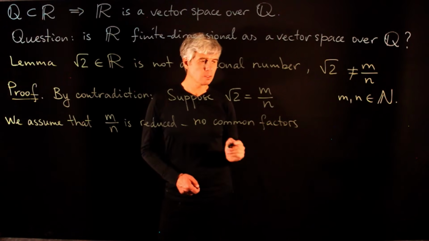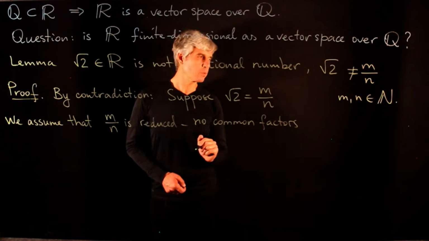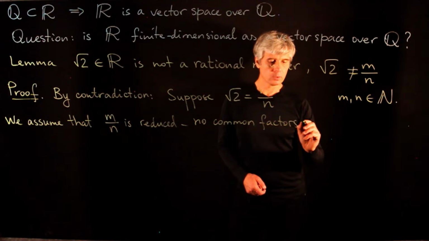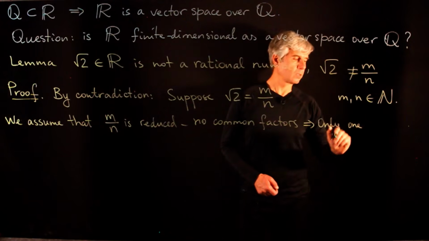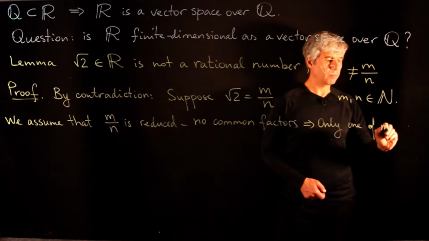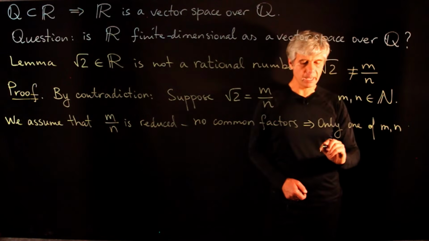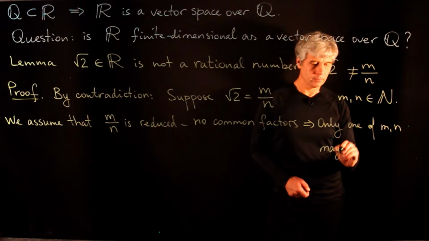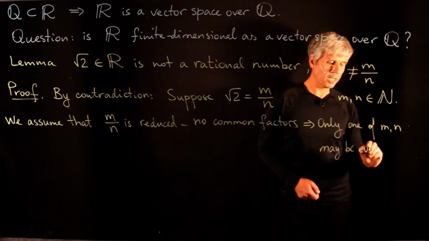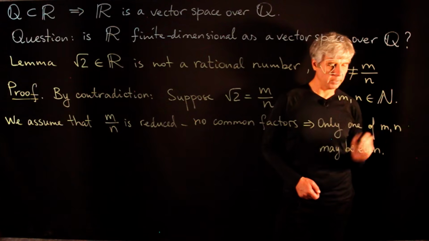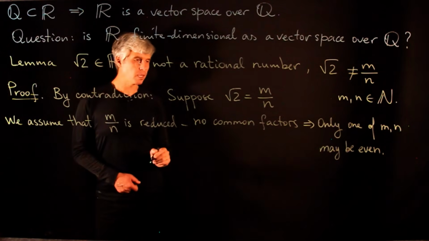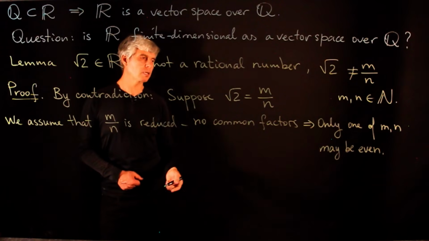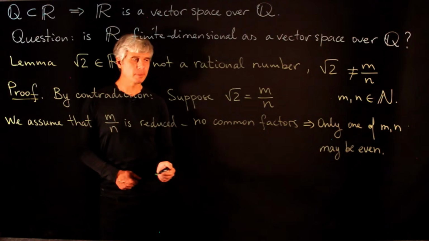So this means that only one of these two numbers may be even. So only one of m and n may be even, or perhaps neither, but not both. So we assume that it's not the case that both m and n are even, because in reduced fractions this cannot happen.